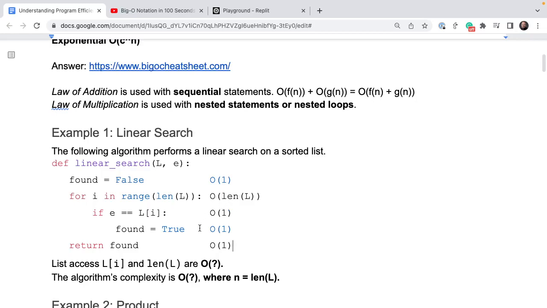So each line has some time complexity. Let's make things simple: let n equal the length of L. So this right here is actually just big O of n. Is everyone okay with that? That I just say n is the length of the list. So you have the multiplication rule right here. You have n times 1, which is still big O of n.